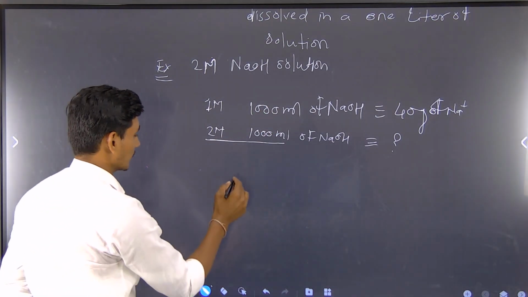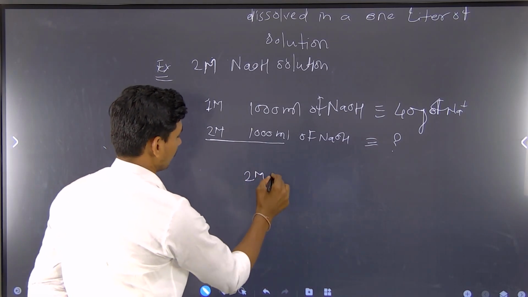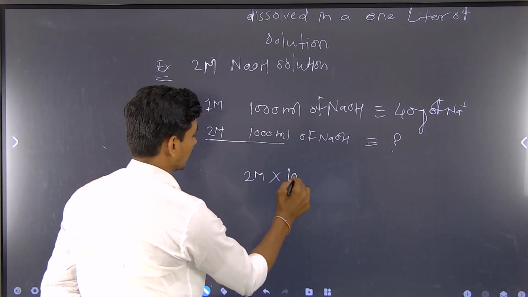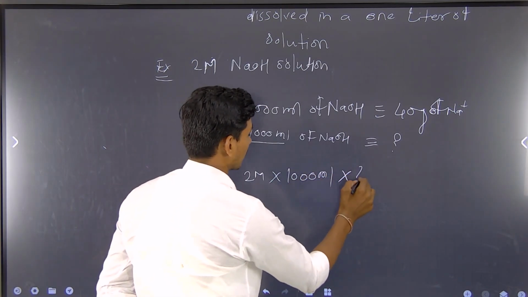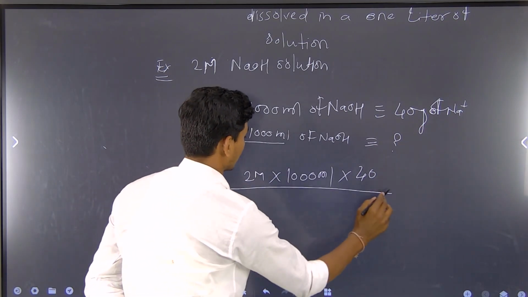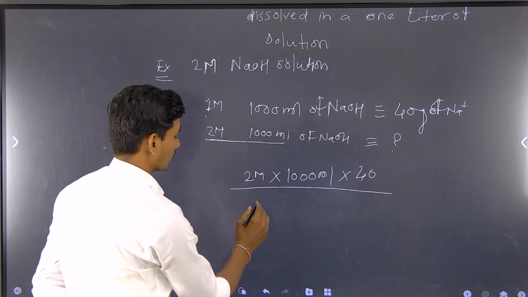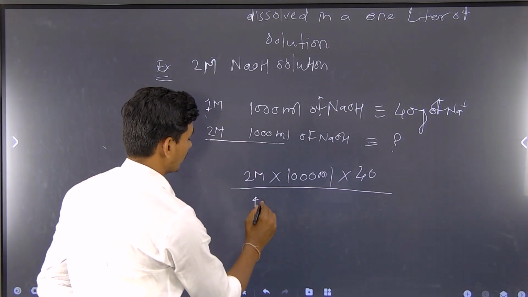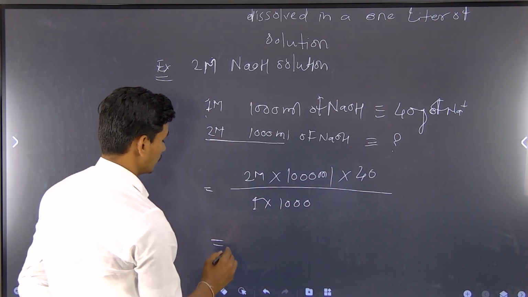So the cross multiplication is 2 molar multiplied by 1000 ml, multiplied by 40 gram of NaOH, divided by 1 molar and 1000 ml of the solution, that is 1 into 1000.